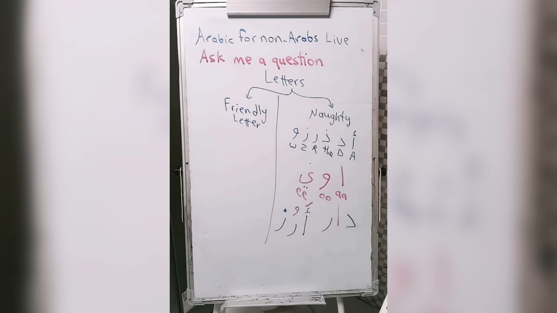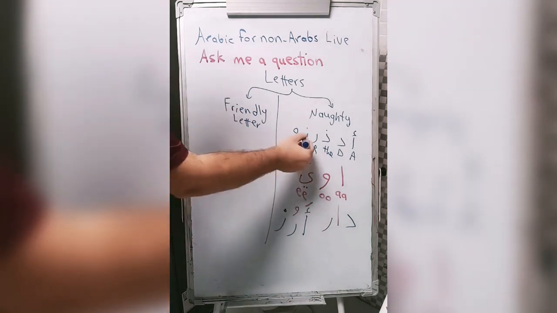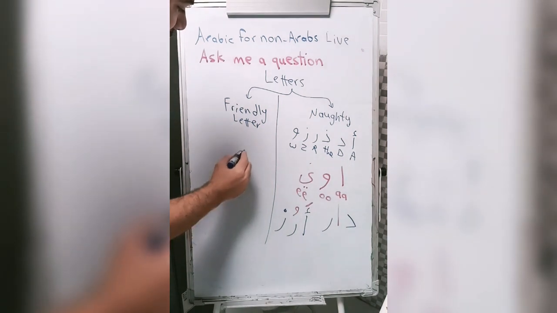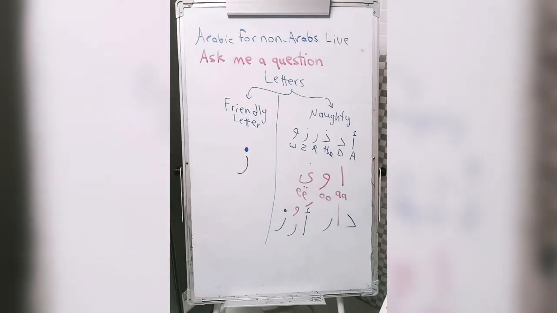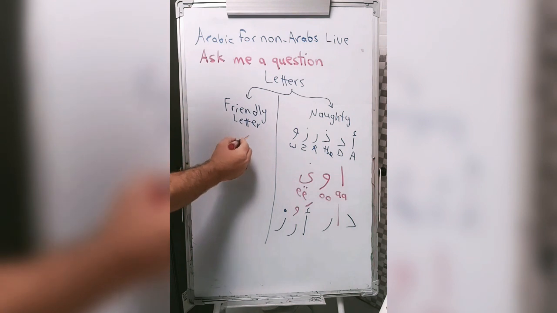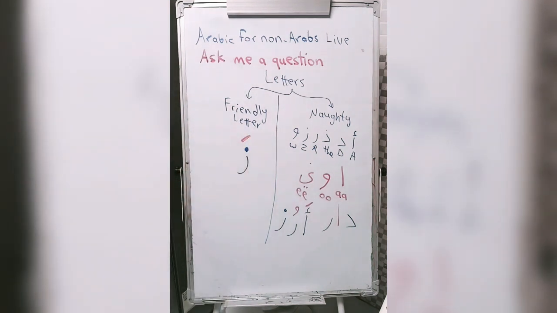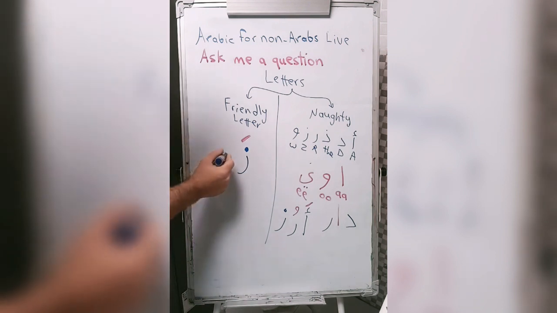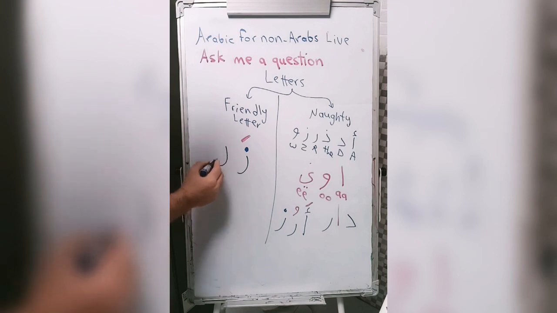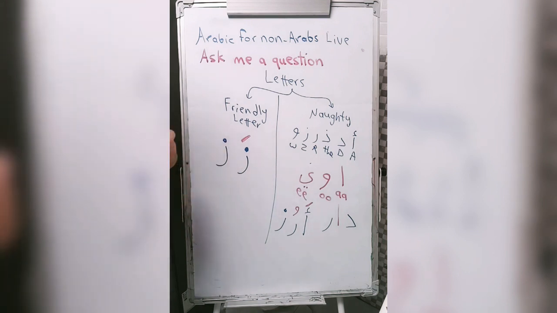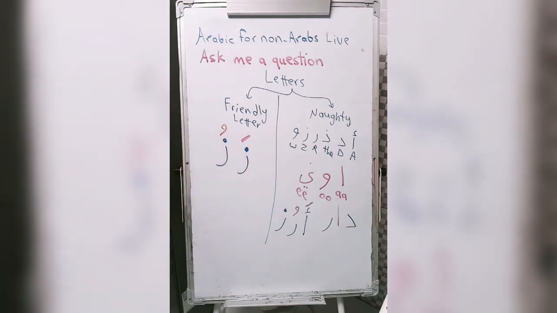Okay? So now if I take any letter, let's say I'm going to take this letter, which is za, and I'm going to put this sign on top, and I can say it's now za. Second letter, same letter, I'm going to put this sign on top, that is zu.